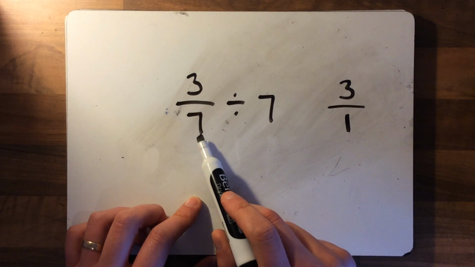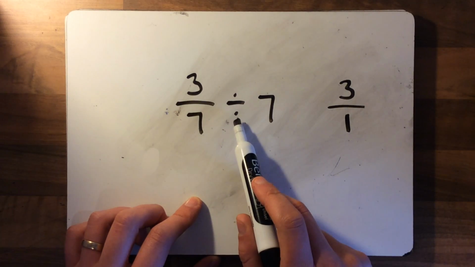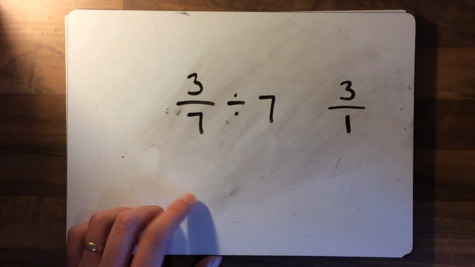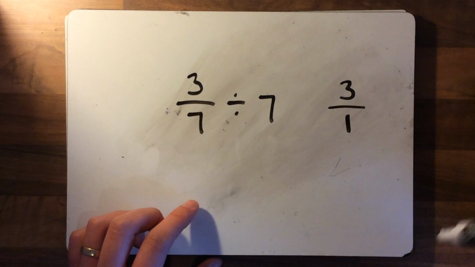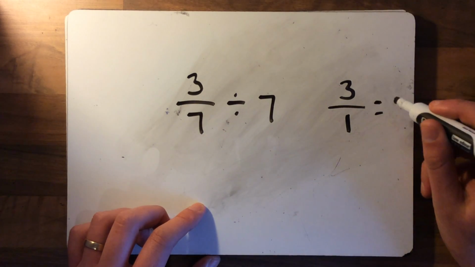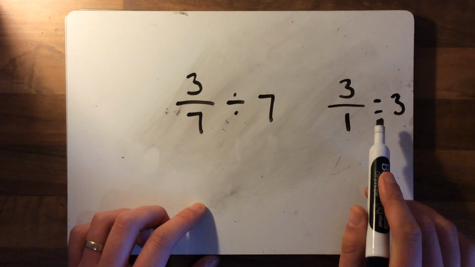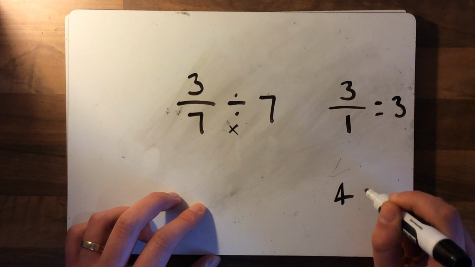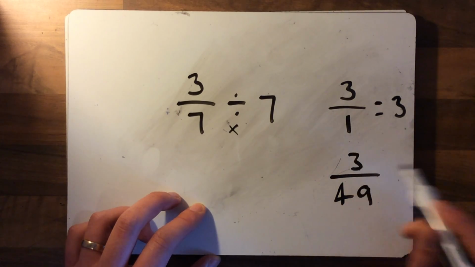They know they need to do something with the denominator and the whole number, but they've tried to divide, and you can see 7 divided by 7 is 1, and the numerator has stayed the same, but you can see how different that answer is. 3 over 1, which is equivalent to 3.